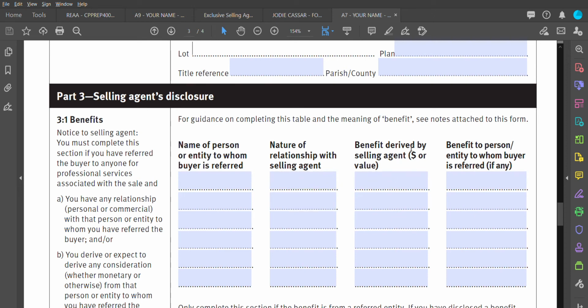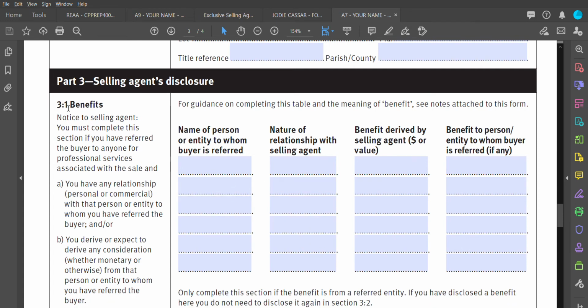Then benefit derived by selling agent is how much the agent is getting as a result of this referral, and benefit to whom or entity to whom buyer is referred. If that's a particular person that you're dealing with, you would specify that information further. Now, important to note, reading this section at 3.1 says notice to selling agent.